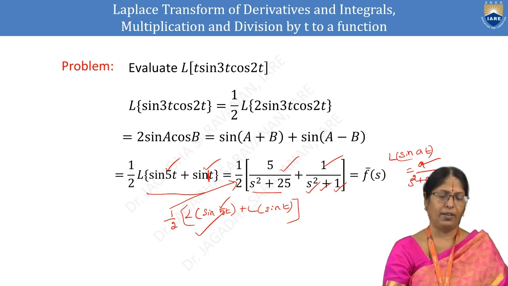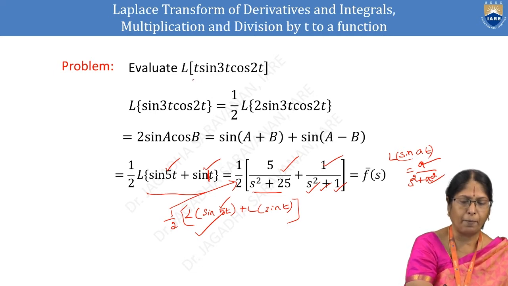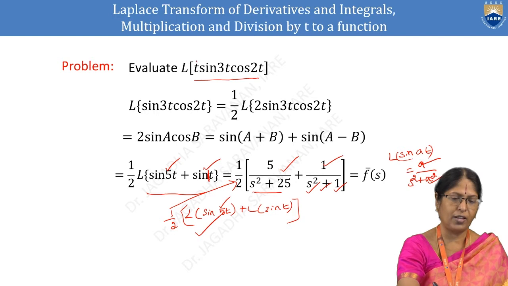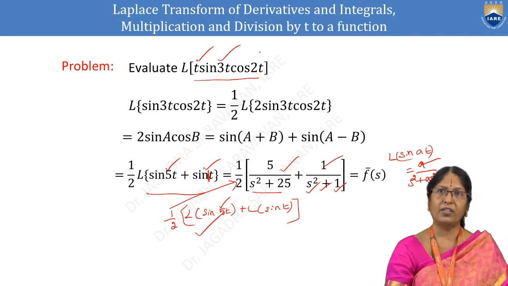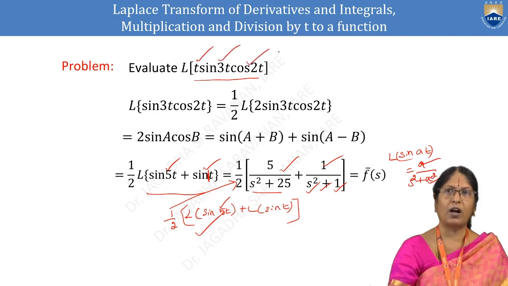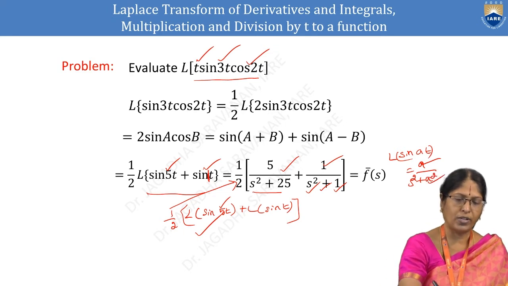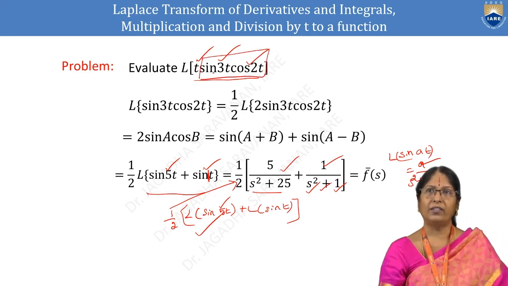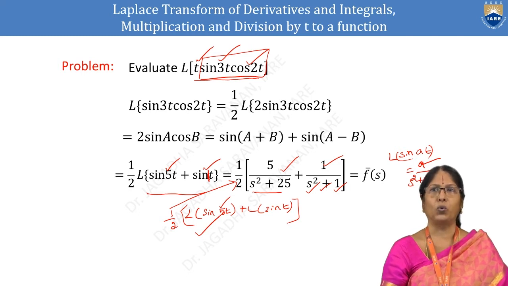So completely, in the question there are 3 functions: one is t, another one is sine 3t, and the third one is cos 2t. For the time being, we are concentrating only on sine 3t and cos 2t.